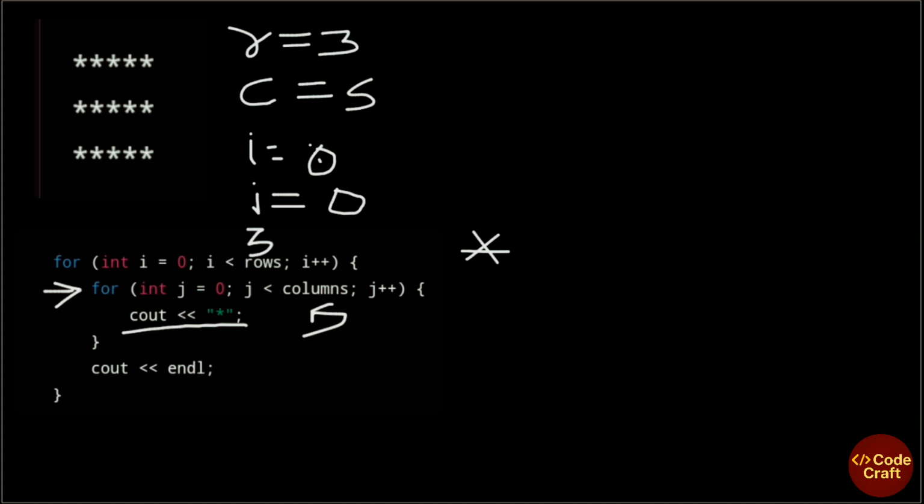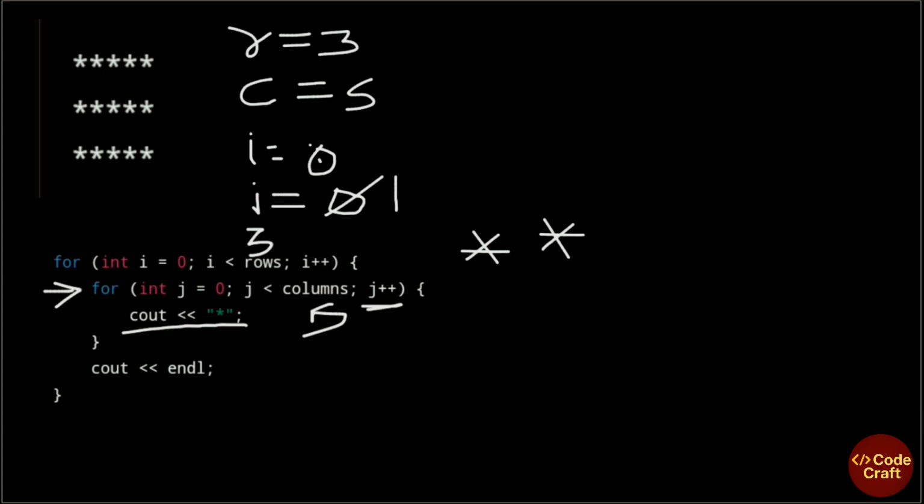After this, with the help of the increment operator, j becomes 1, the condition is again true, the compiler enters the loop, and we have one more star.